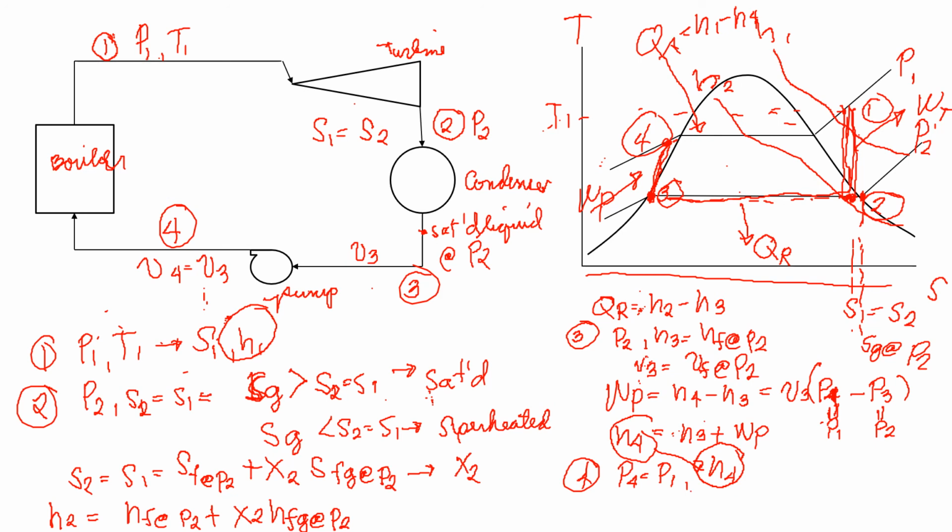Therefore, the work net is equal to the work turbine minus work pump. And you have also to find the thermal efficiency of the cycle.